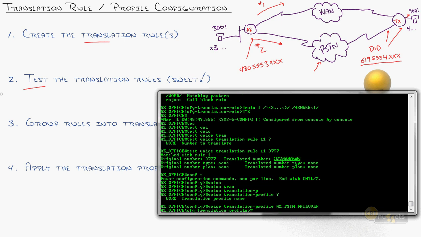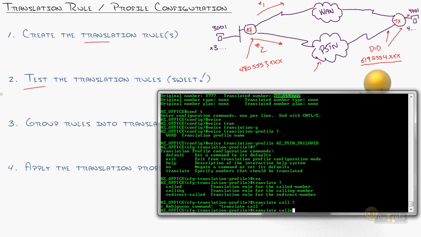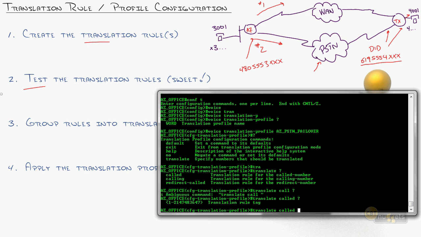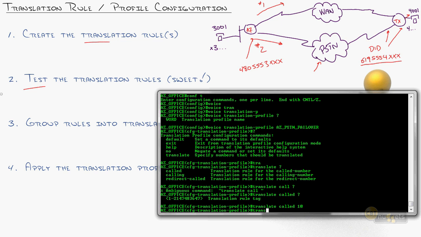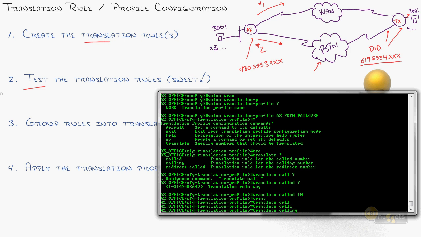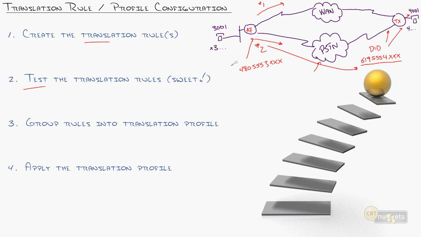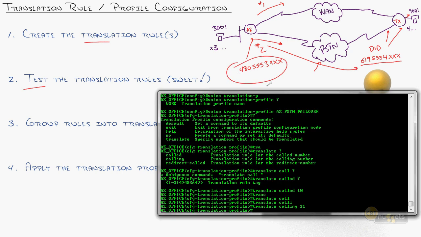AZPSTN failover will translate the called number information based on rule number 10, and translate the calling information based on rule number 11. Enter. So now when this translation profile is hit, it's going to change the dialed number to the DID, and change the caller ID based on those rules that we just created.